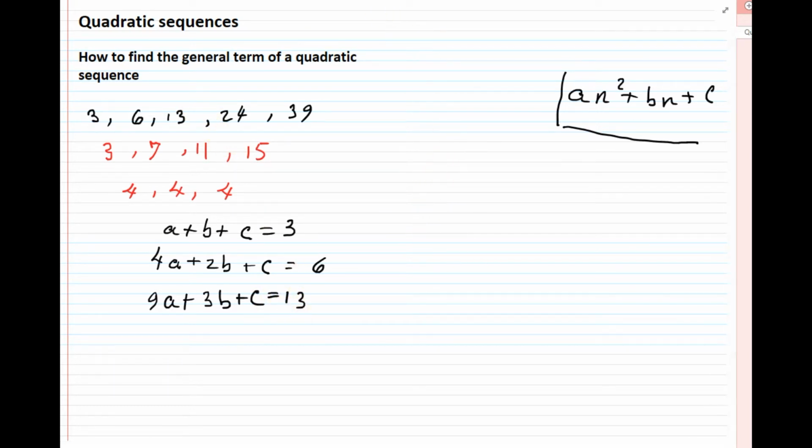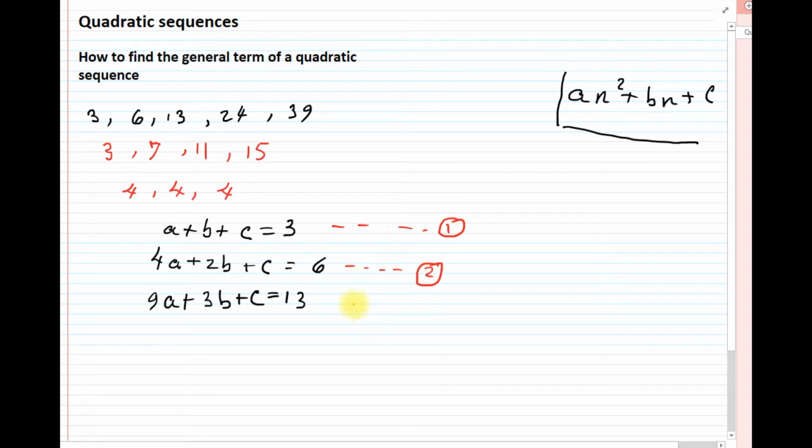Now I'm going to label these equations as 1, 2, and 3. And now we go on. What we need to do is to find what the values of A, B, and C are. So this is basically 3 simultaneous equations with 3 unknowns.